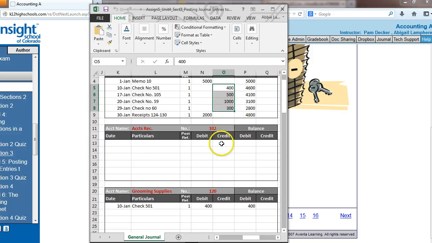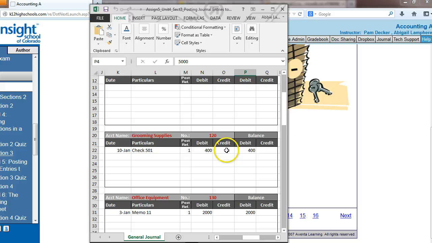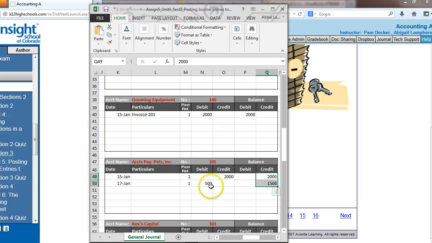Basically, remember which side is the balance side. If it's a debit balance side, you're going to be adding the debits and subtracting the credits. Or if it is a credit balance side, you're going to be adding the credits and subtracting the debits.